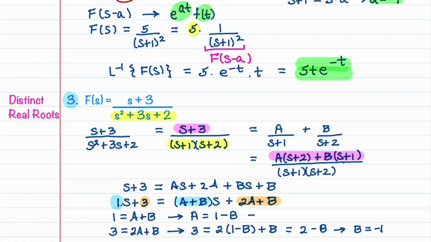And then if we come back up here to A, we get that A is equal to 1 minus negative 1, so we have A is equal to 2. There's our A, and there's our B.